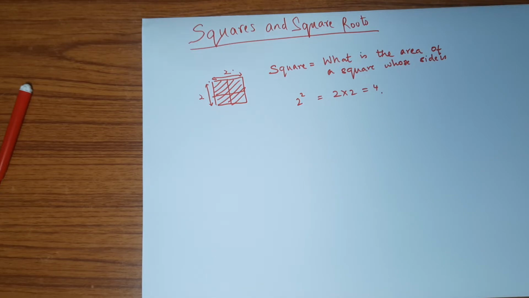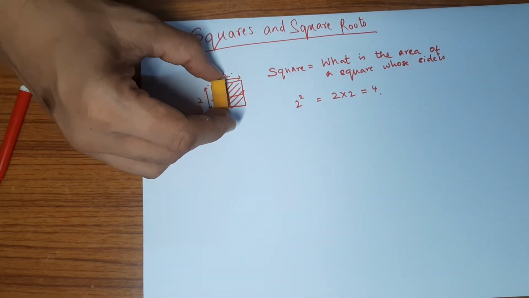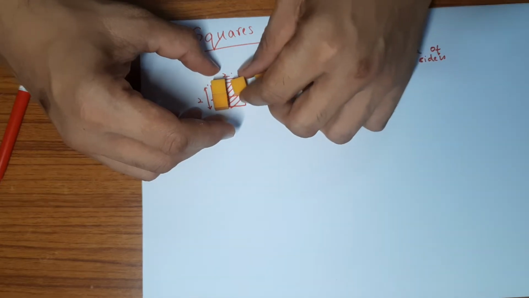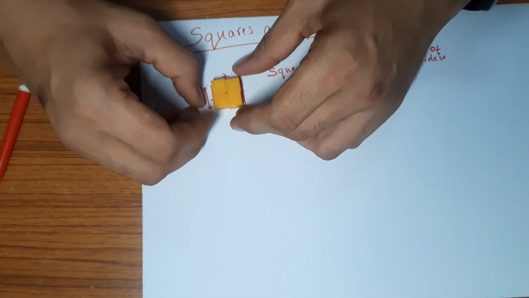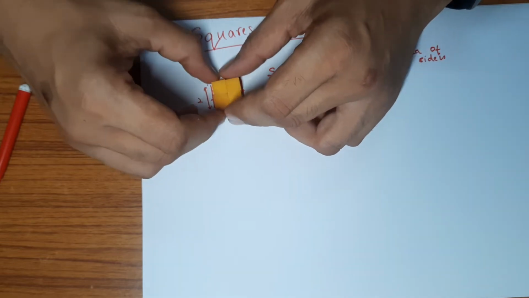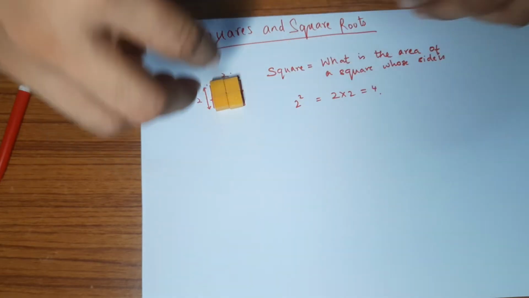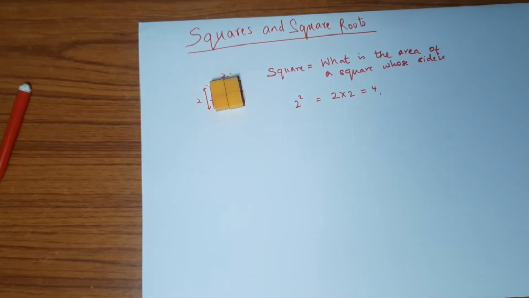So basically when you make a square, you're saying that an area is how much space you can put something on, or you can say the area means how much cloth is needed to cover that space, right?